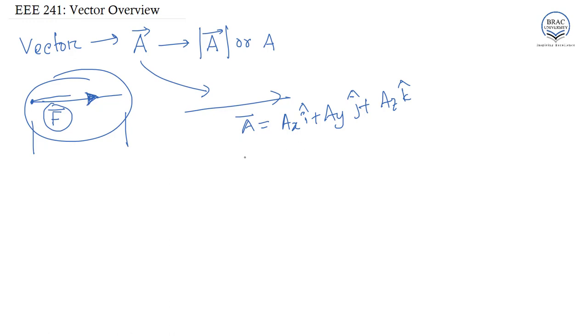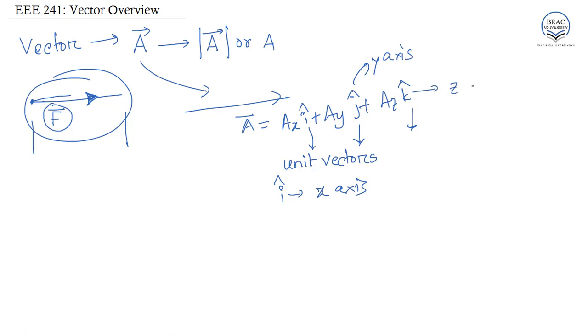And you also know what this i, j, and k means, right? These are called the unit vectors. You already know that i vector denotes the unit vector along the x-axis, j denotes the unit vector along the y-axis, and k denotes the unit vector along the z-axis. Alright, you know that already.